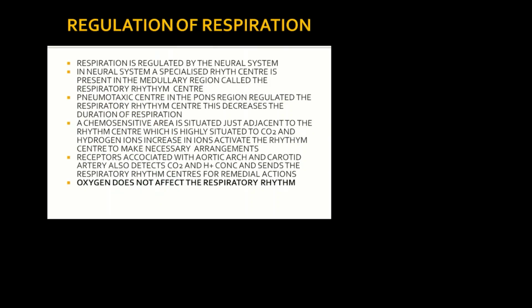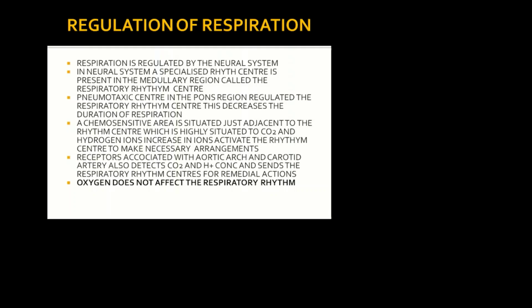Regulation of respiration. Regulation of respiration occurs as we have learnt in the nervous system chapter. The pneumotaxic center in pons regulates the respiratory rhythm center present in the medulla oblongata. So basically, I'll explain it in short. Regulation of respiration occurs by the respiratory rhythm center present in the medulla, and the pneumotaxic center, which is present in the pons, regulates the respiratory rhythm center.